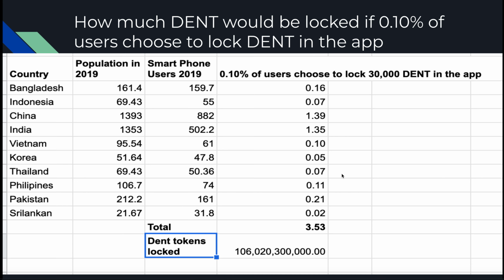If these 3.53 million users choose to get 30,000 DENT tokens, they will be running to the crypto exchanges to buy them. If that happens, the 31.3 billion tokens circulating in crypto exchanges like Binance and KuCoin will drain out.